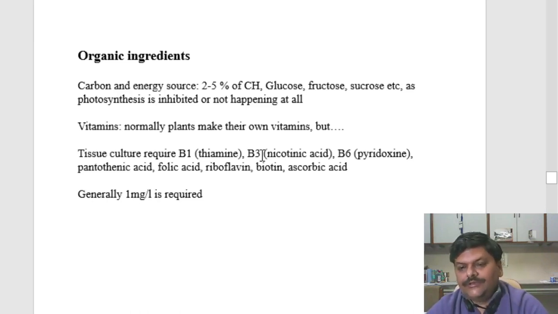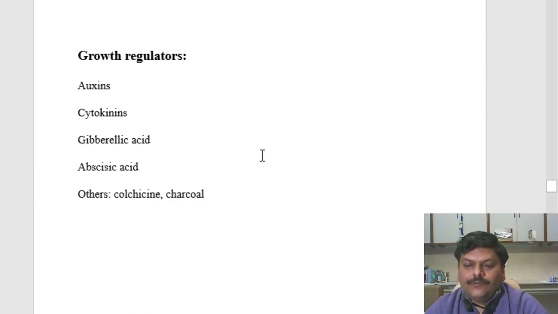This concentration is enough. Then one of the most important, or I would say the most important ingredient of suitable plant growth media, is growth regulators or plant hormones, because without providing growth hormones, the cells will not start dividing and developing into the whole plant, which is the basis for plant cell totipotency.